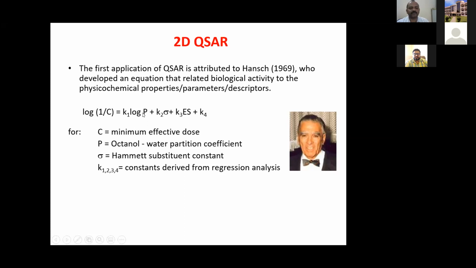The physicochemical parameters are, for example, log P, which is a partition coefficient, and sigma, the Hammett substituent constant. As you know, it is an electronic parameter, accounting for electron donating and electron withdrawing effects, and then the steric parameters are taken into consideration.